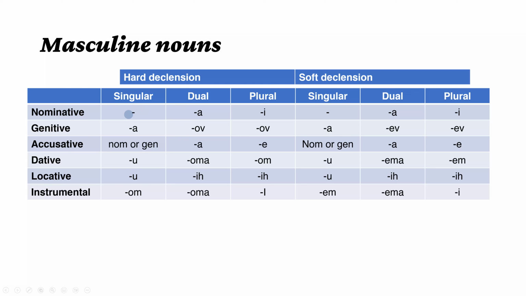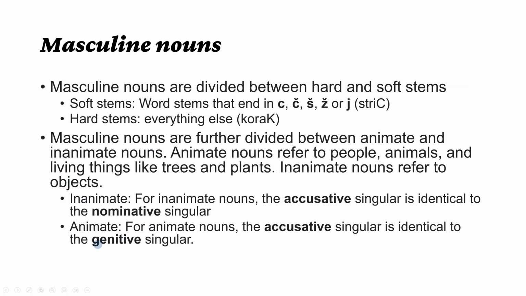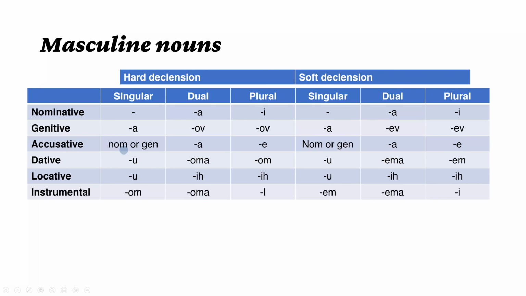Okay? But if we have an animate object, the genitive is the same as the accusative. So when we define the accusative for an animate object, we look at the genitive. So the ending of this accusative would be a.